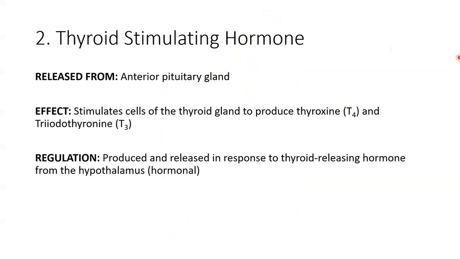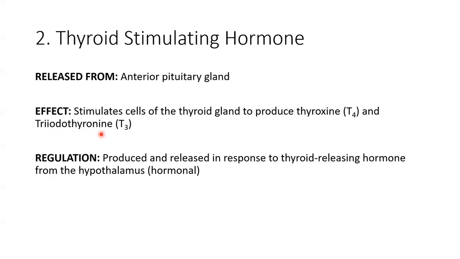The next hormone released by the anterior pituitary gland is thyroid stimulating hormone. As the name suggests, thyroid stimulating hormone stimulates the production and secretion of our two thyroid hormones, which are T3 and T4.